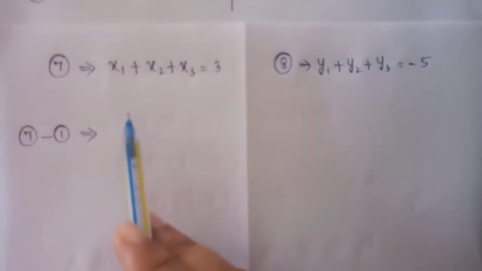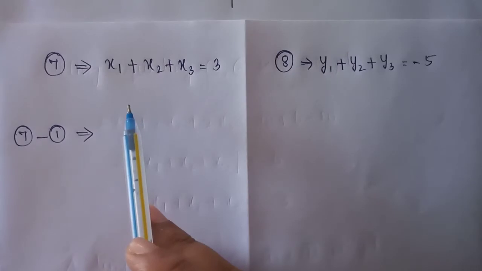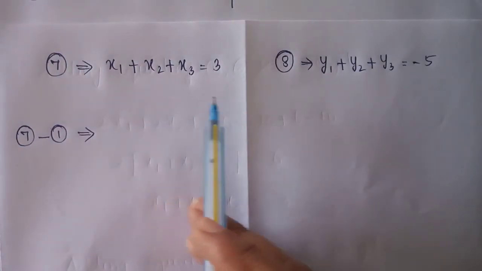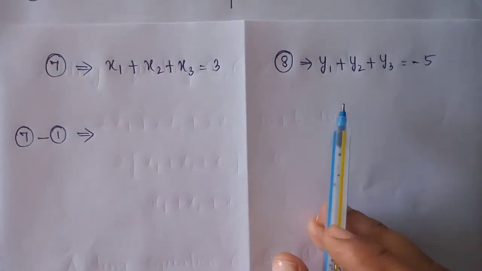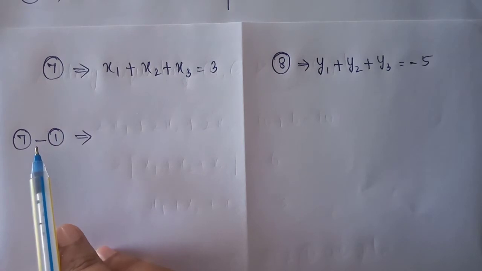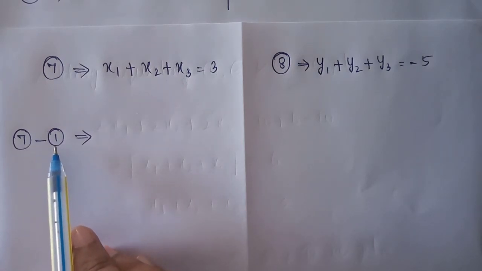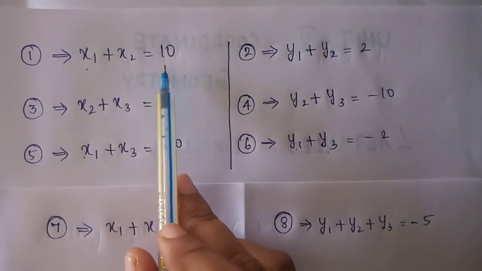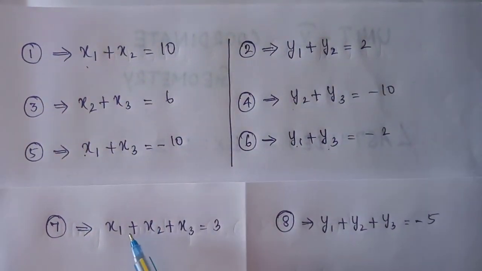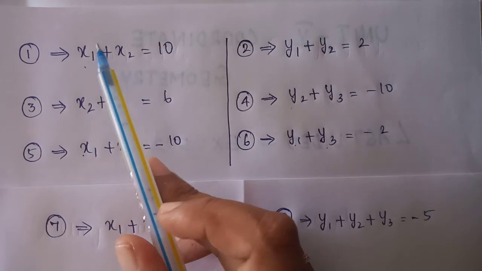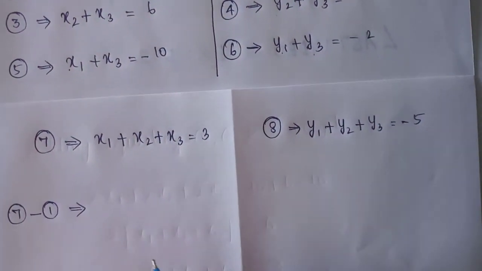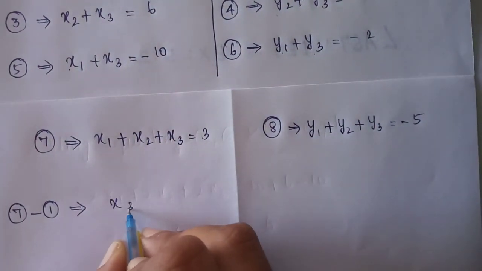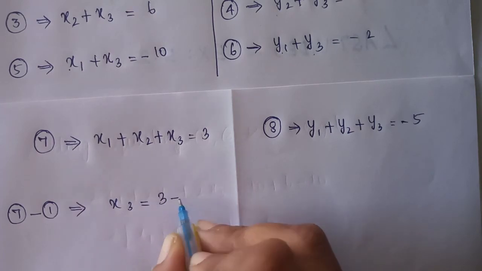The next step is you have to find the coordinates x1, x2, x3 and y1, y2, y3. So the next step we are going to do is equation 7 minus equation 1. Equation 1 we know is x1 plus x2 is equal to 10. So if you subtract equation 1 from equation 7, x1 and x2 get cancelled, which implies x3 is equal to 3 minus 10.